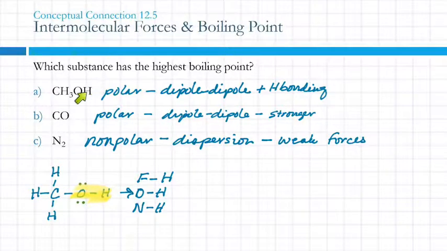So are the intermolecular forces here going to be stronger than carbon monoxide or weaker? We've got dipole-dipole forces in both of these, and then this one has additionally hydrogen bonding. So this one has the strongest forces.